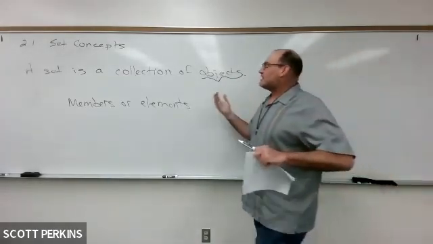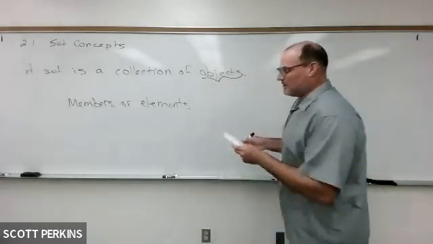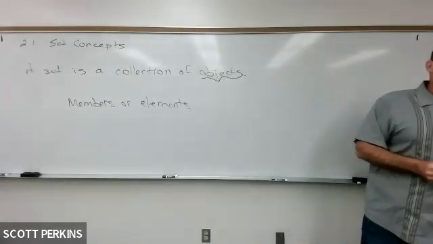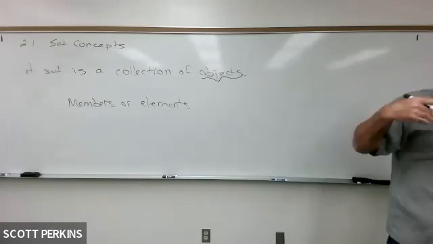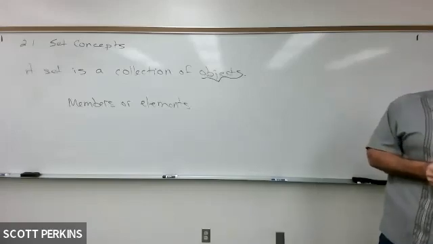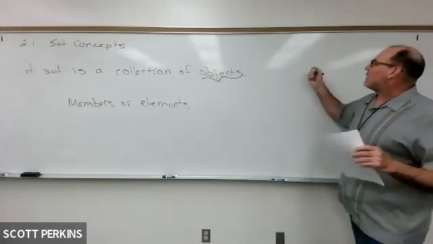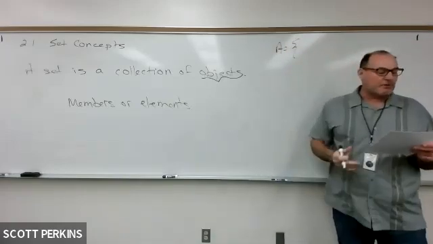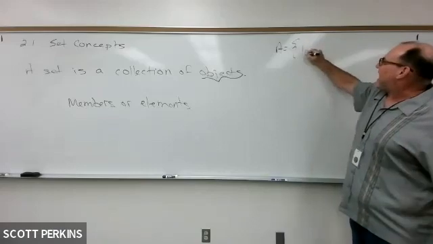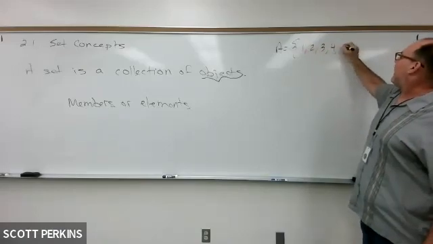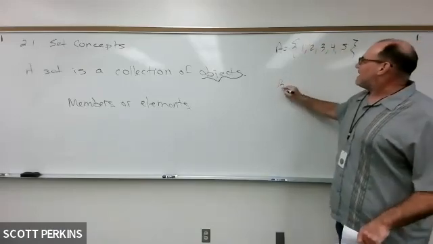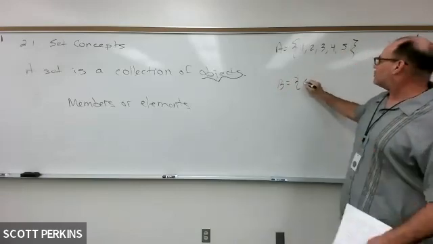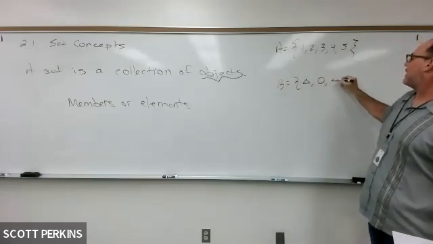So on your sheet, I've given a few examples of different sets, and I've labeled them. I'm just going to write them on the board because I'm going to interact with them. We're going to talk about some different things about them. So I just kept them kind of simple and small sets. There's nothing super special about each of these. Set A is the numbers 1 through 5. The set B, I think, is some shapes. We've got a triangle and a circle and a square.